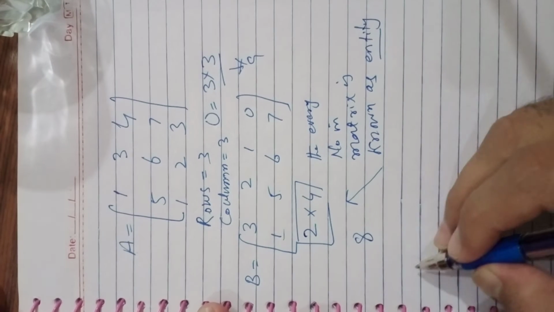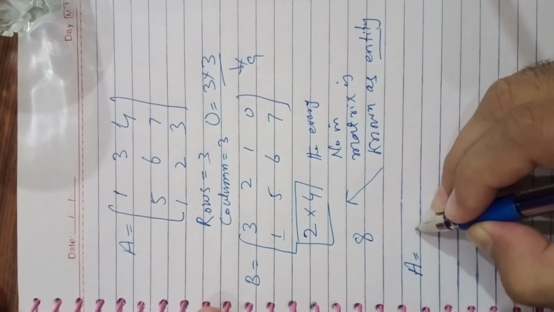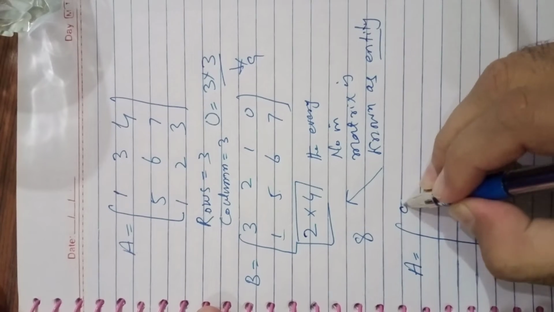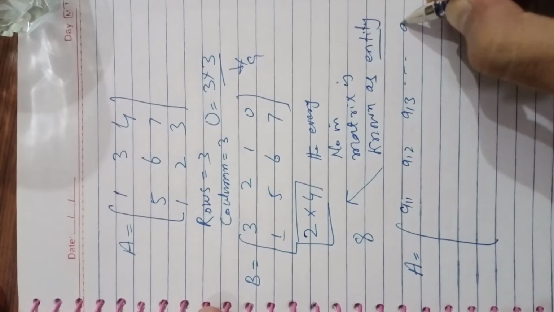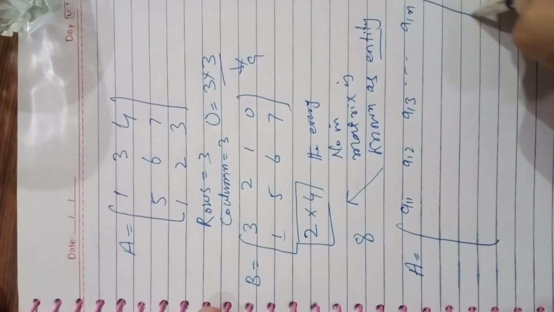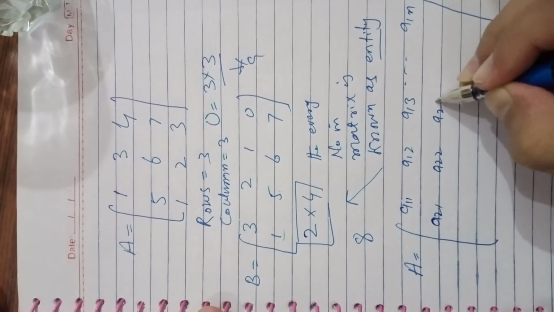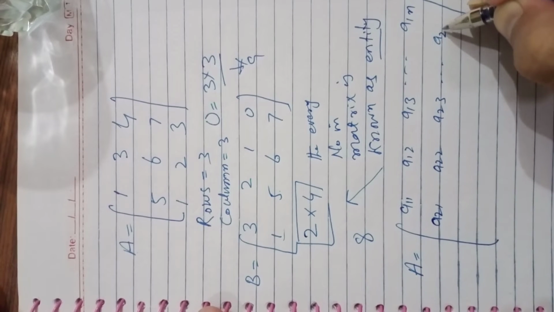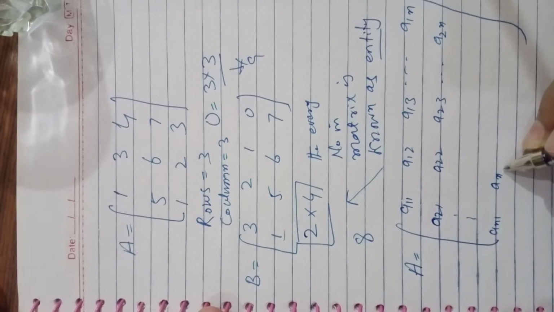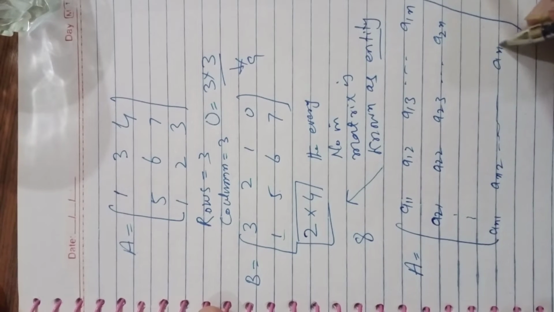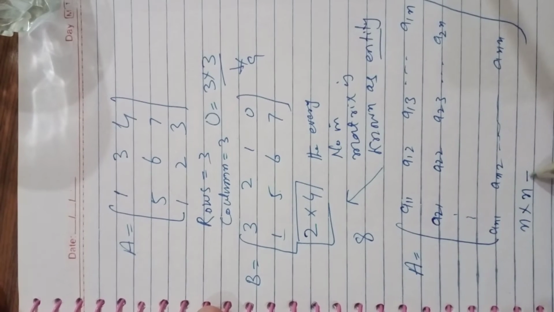If you want to find the entities, for entities you can write matrix in general form A11, A12, A13, A1n, A21, A22, A23, and A2n, An1, An2 up to Ann. So this is the n cross n matrix.